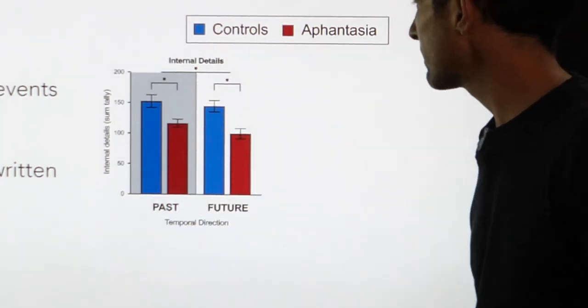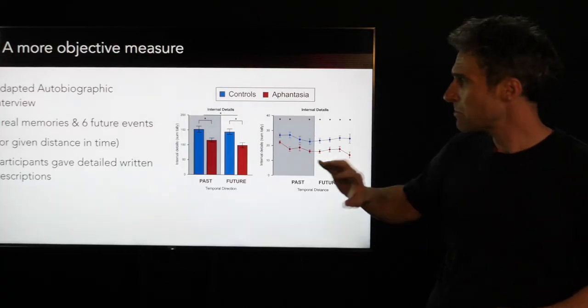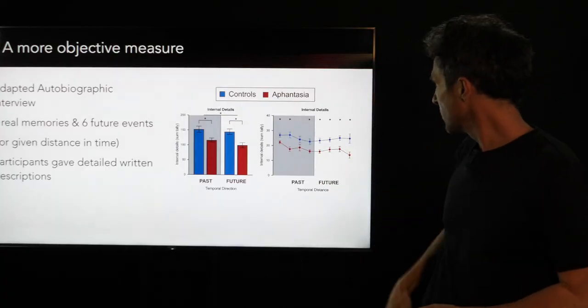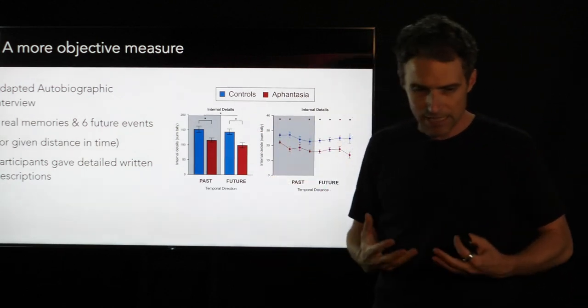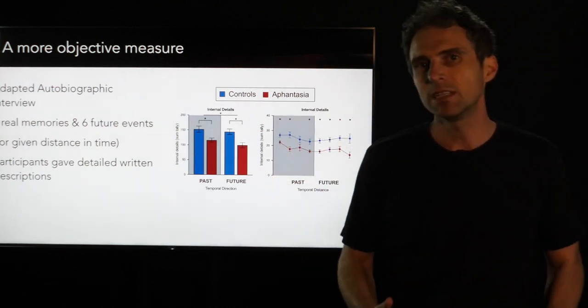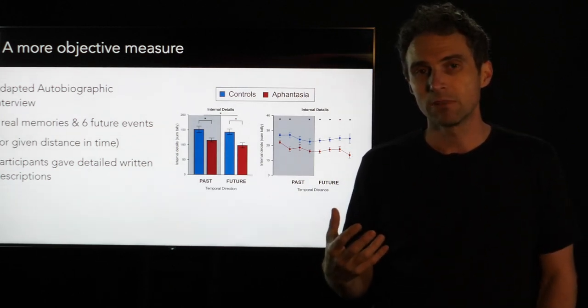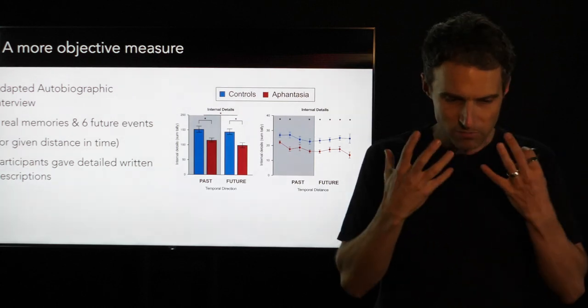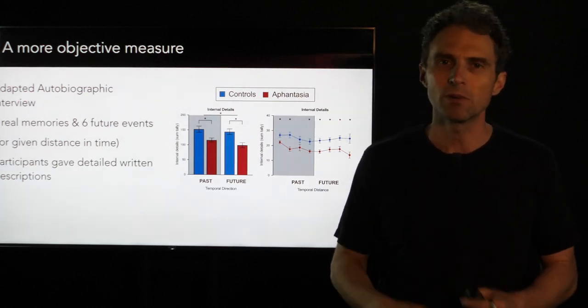Likewise, in the future scenarios, you're seeing more details in those with imagery compared to those without. You can map that out over the different time points too. But I think the real take-home message is that there do seem to be objective differences in the amount of detail that those with imagery can recall. In other words, imagery, bringing an image to mind, gives you extra details for free, is how some people might want to phrase that.